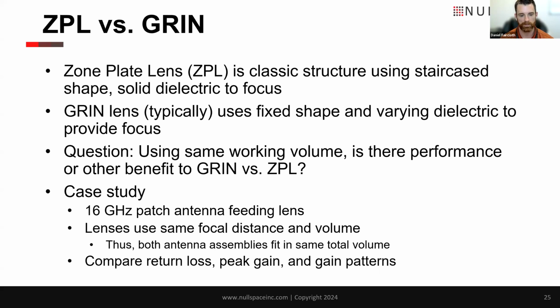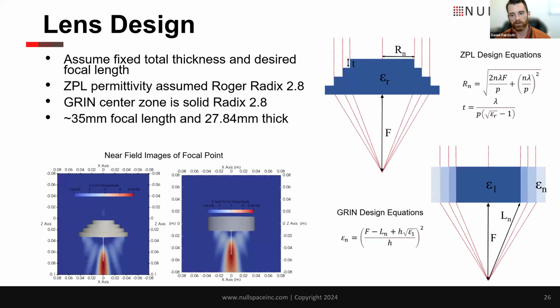And we want to look at typical antenna parameters like return loss, peak gain, gain patterns, etc. We're going to go into a lot more detail in the third webinar about the design process for both of these lenses. So right now I'm just giving a very quick overview of how both of the lenses were designed and some initial simulation and measurement results.